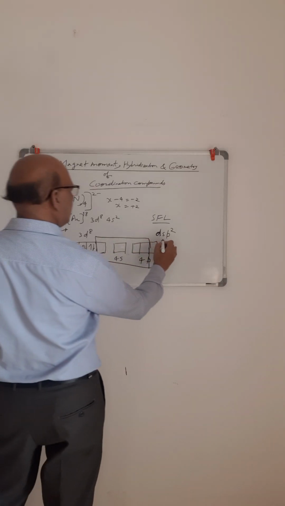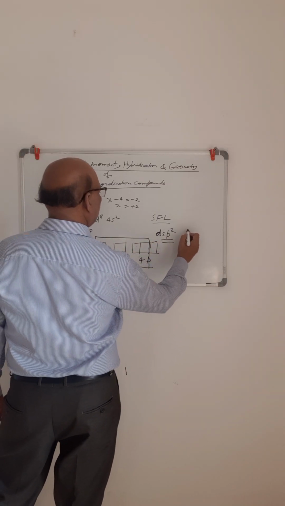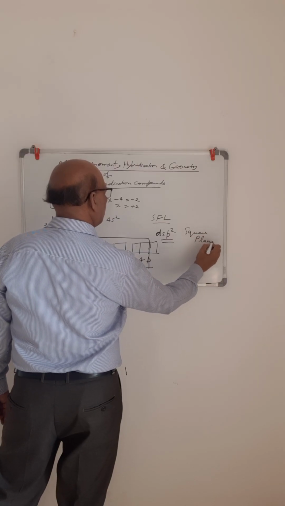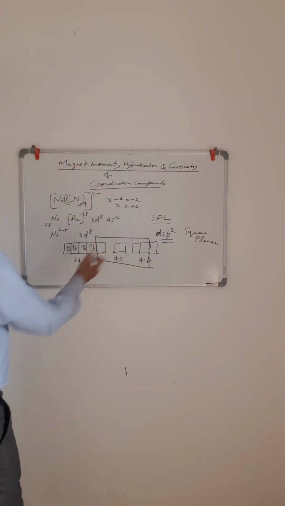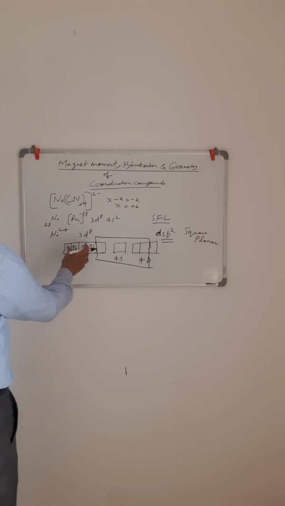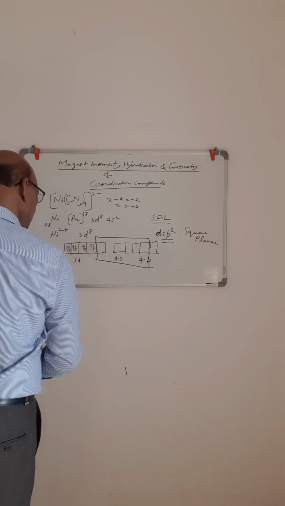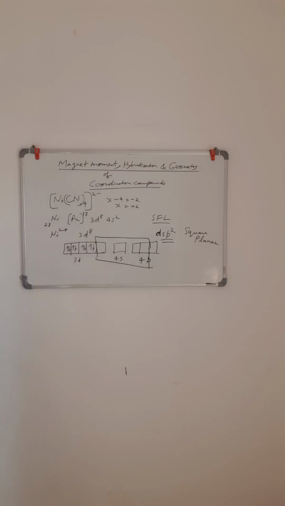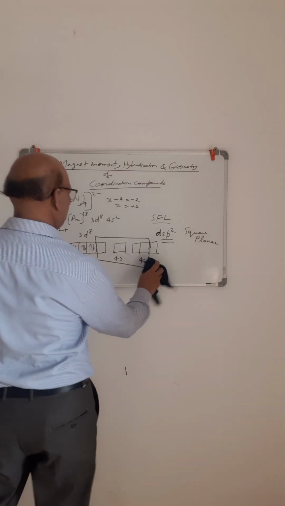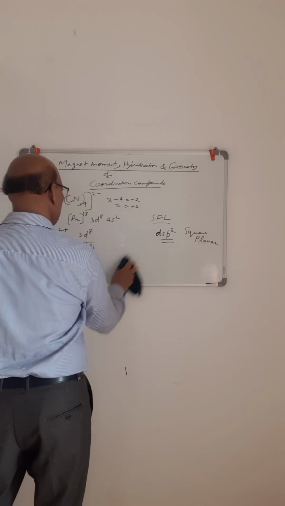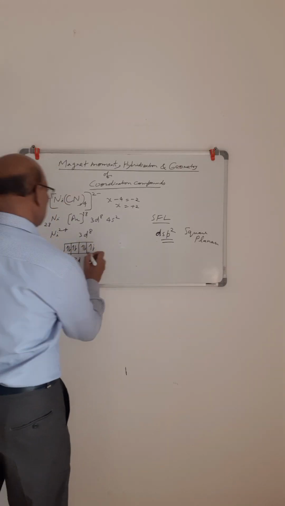So dsp2 hybridization will be there. The geometry will be square planar, and there are no unpaired electrons, so spin only magnetic moment will be 0. And how we can represent this? So this we will represent like this. So this is our 3d.